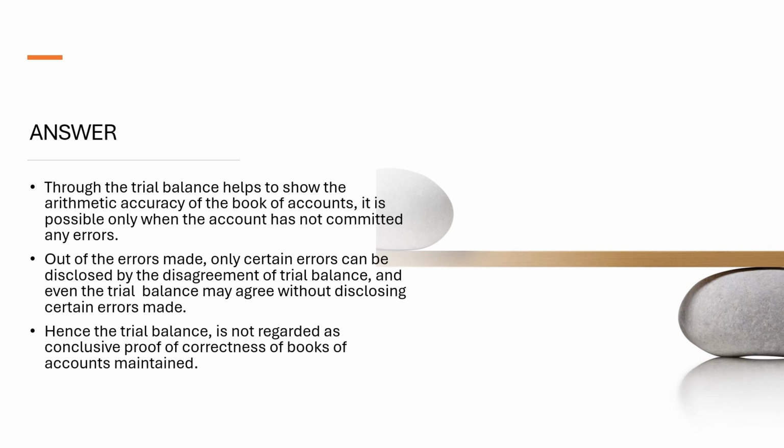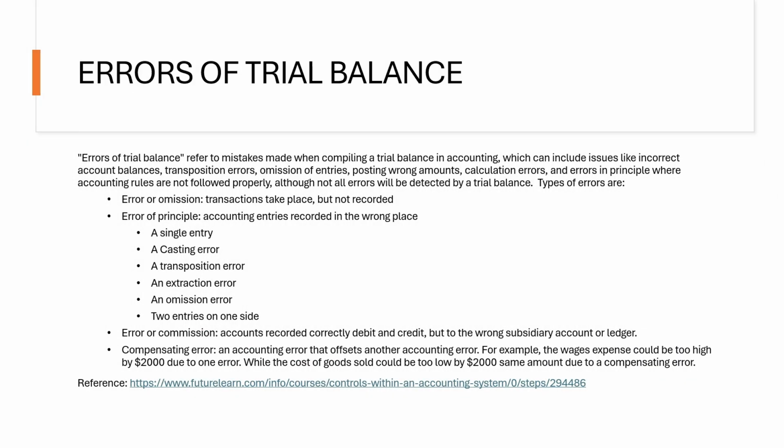There are many ways that a trial balance can have errors, and there are certain ways to address those problems if the real problems cannot even be identified. So here summarizes different types of errors.